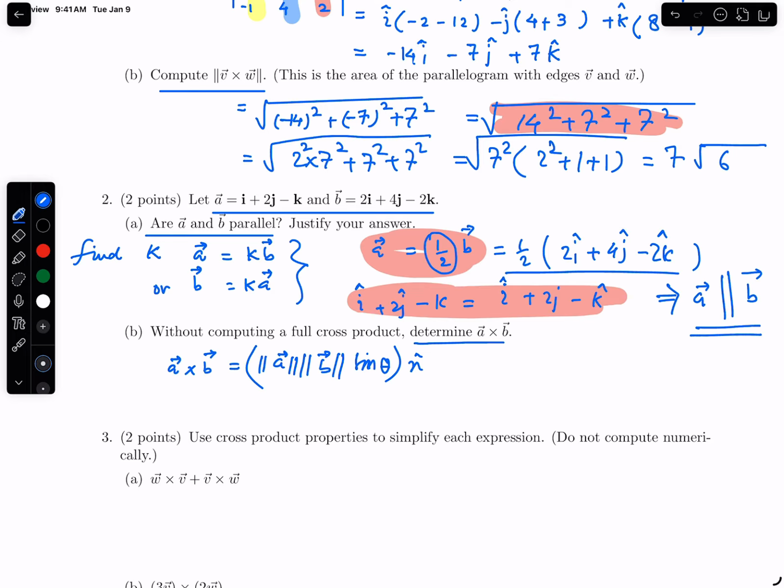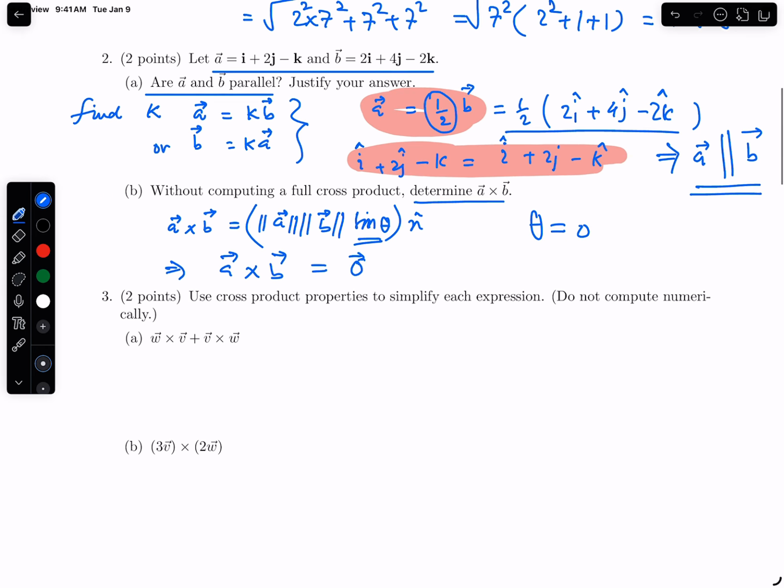Since these are parallel, the angle between them is 0. So if I put 0 here, the cross product I get for these two vectors is the 0 vector. I don't need to compute anything because they are parallel.